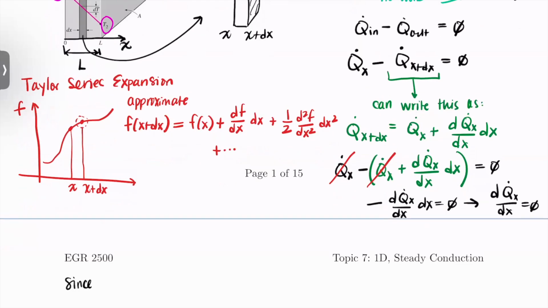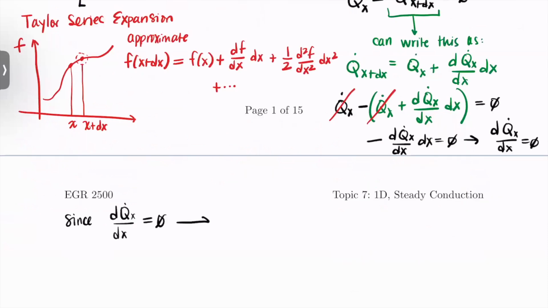Since dq dot x dx is equal to 0, q dot x must be a constant. Okay. This is interesting and useful, but it does not give us a temperature distribution, however.